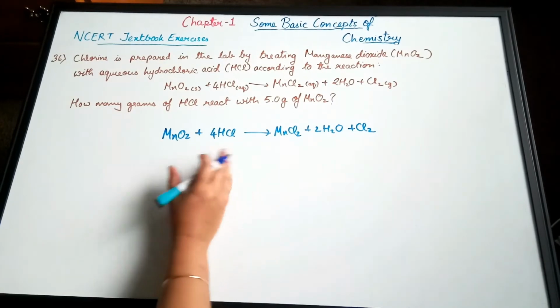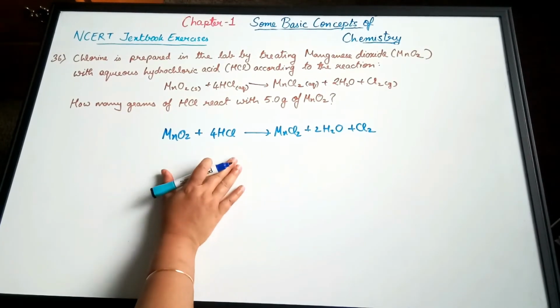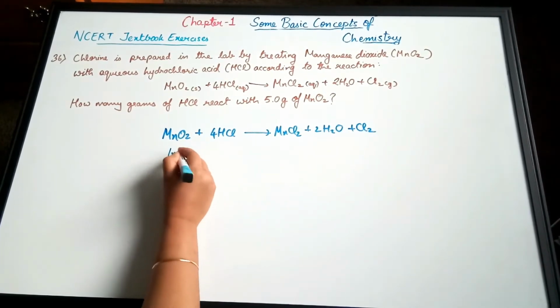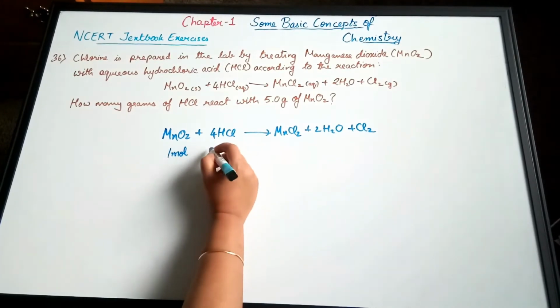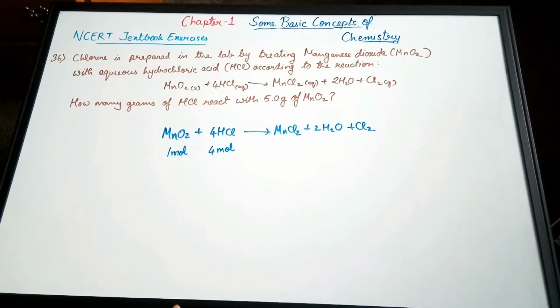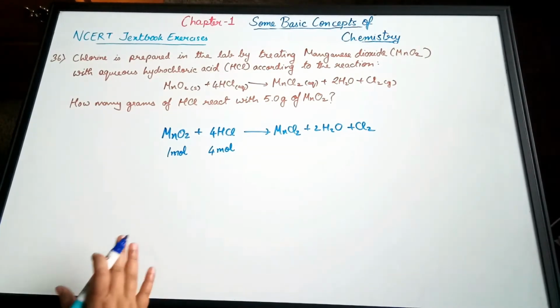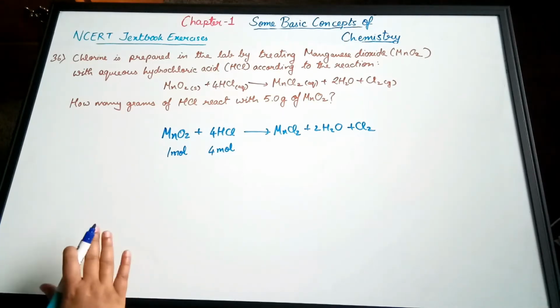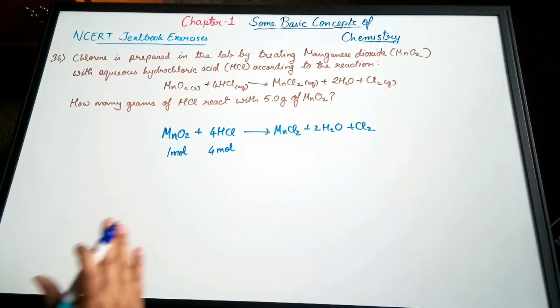Here we are not concerned about the products, we are more concerned with the reactants. So 1 mole of MnO2 reacts with 4 moles of HCl. Based on this, the gram molecular masses into the number of moles will give us the grams of MnO2 and HCl that undergo complete reaction.